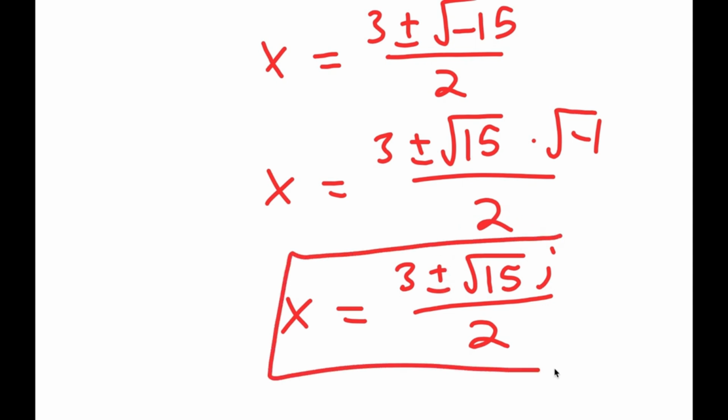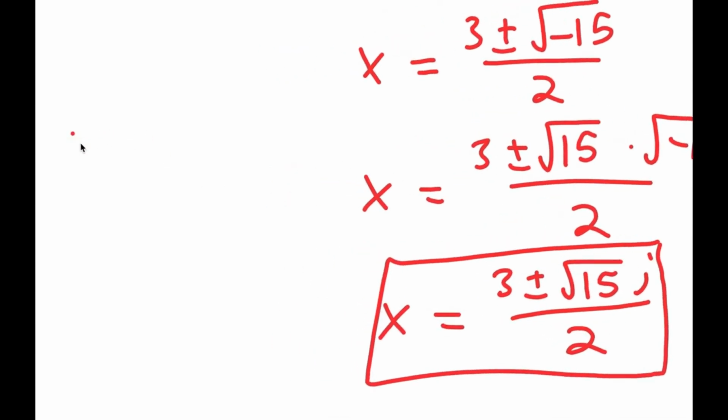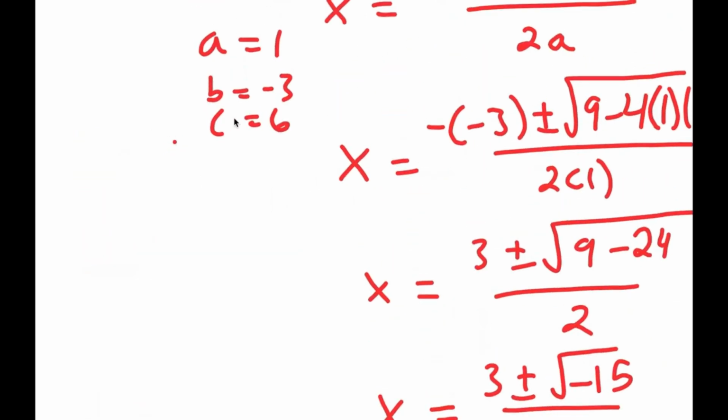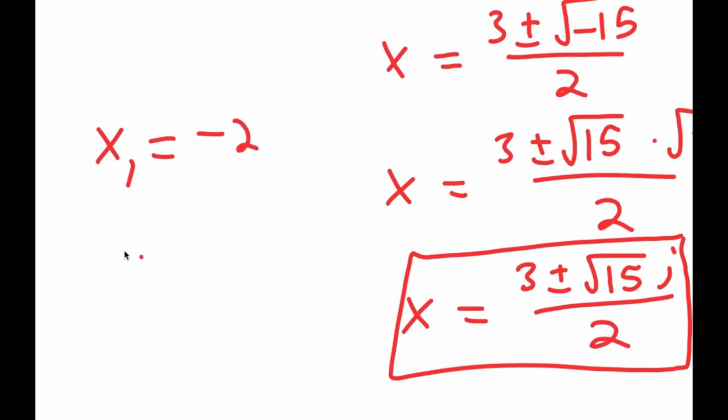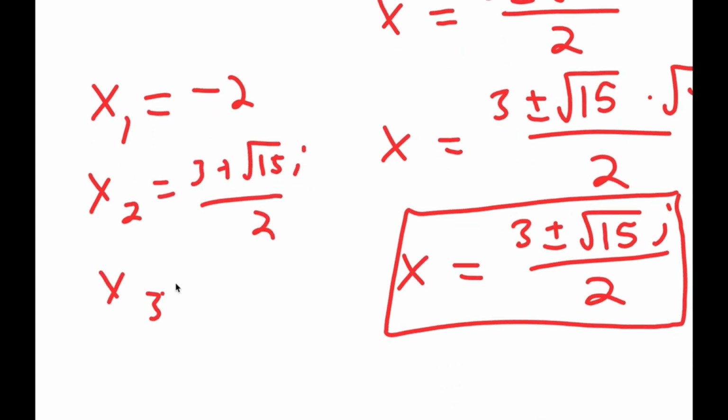So these are two more solutions, and my three solutions are x is equal to negative 2, x is equal to 3 plus the square root of 15 i over 2, and x is equal to 3 minus the square root of 15 i over 2.